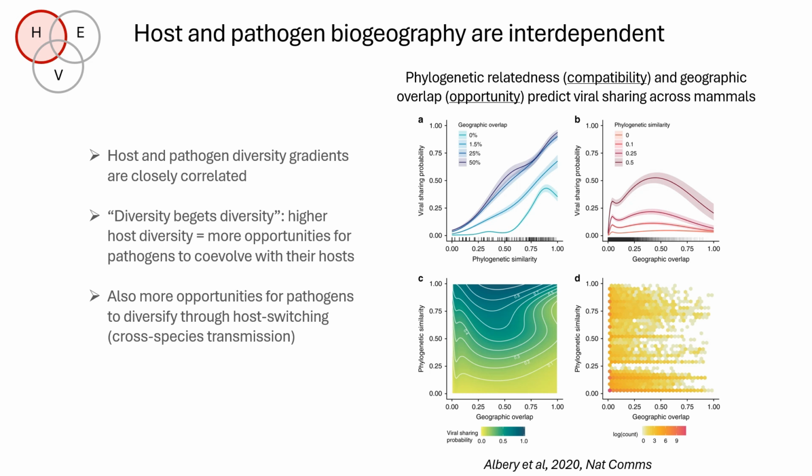So effectively, species that have a substantial geographic overlap and are more phylogenetically related are the most likely to share pathogens, giving opportunities for those cross-species transmission events to happen, as well as the diversification of pathogens through that process.